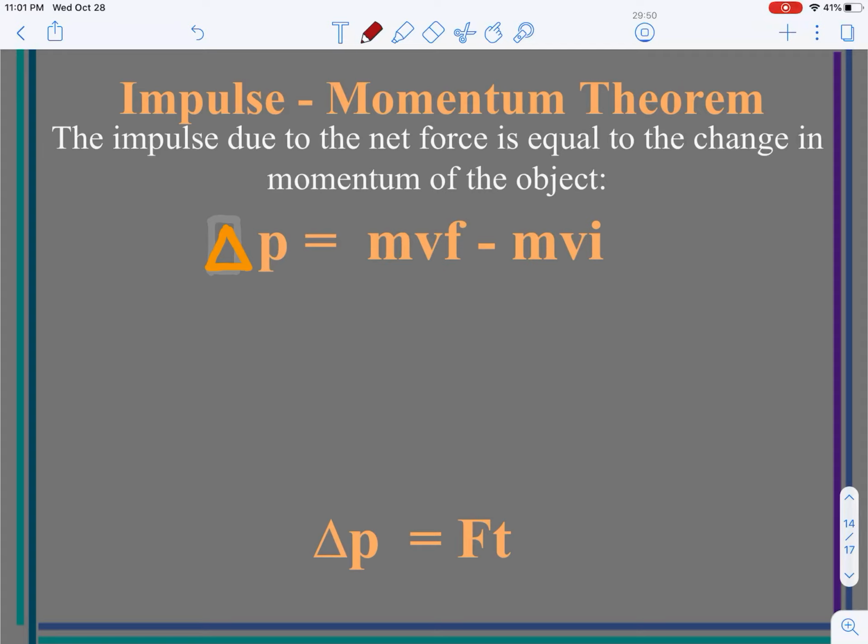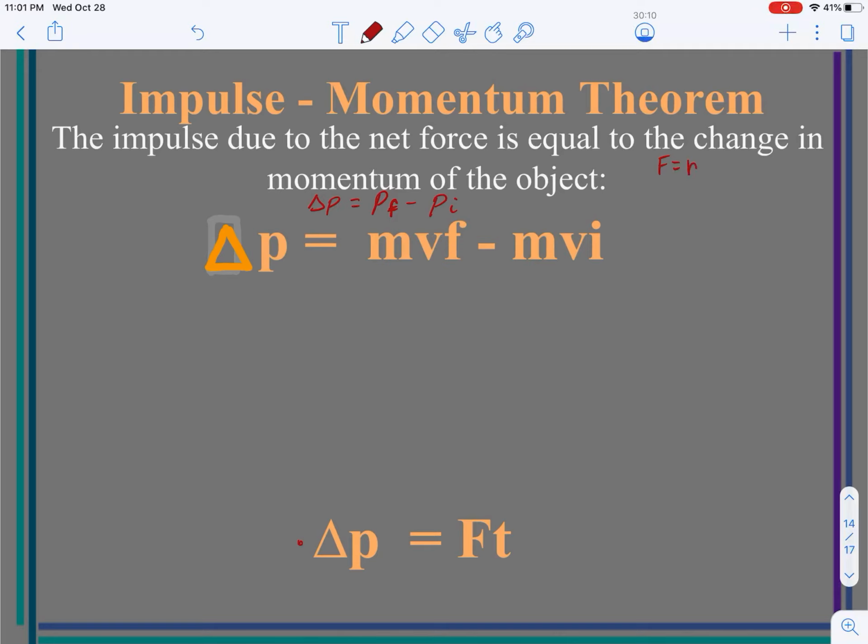So, can you take this relationship of the change in momentum, final momentum minus initial momentum, and derive from that this relationship down here of delta P is equal to Ft?